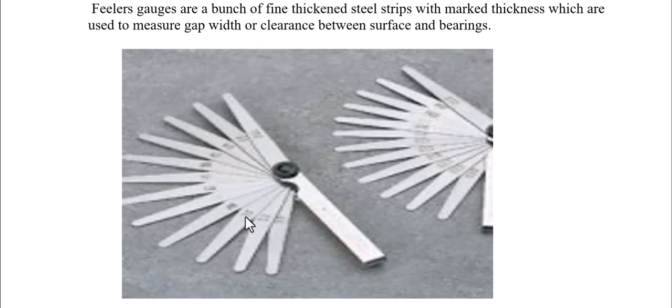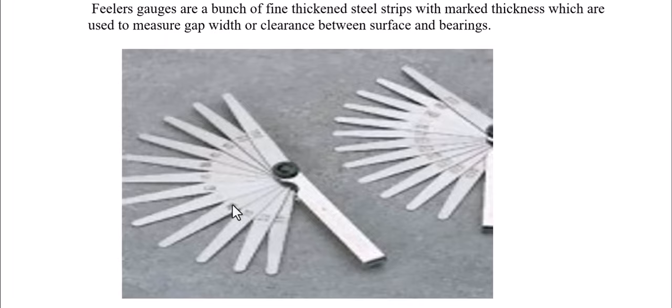For instance, when you want to measure a gap between one part and another, you do a trial and error. You insert this strip. When it fits, you read the dimension on the strip, and this reading shows how much the gap is.